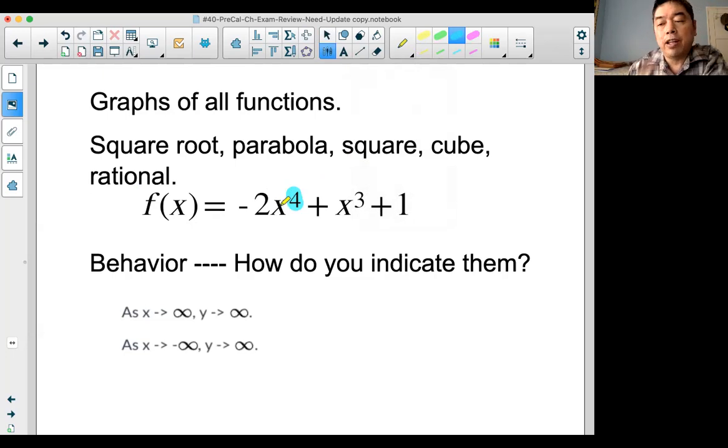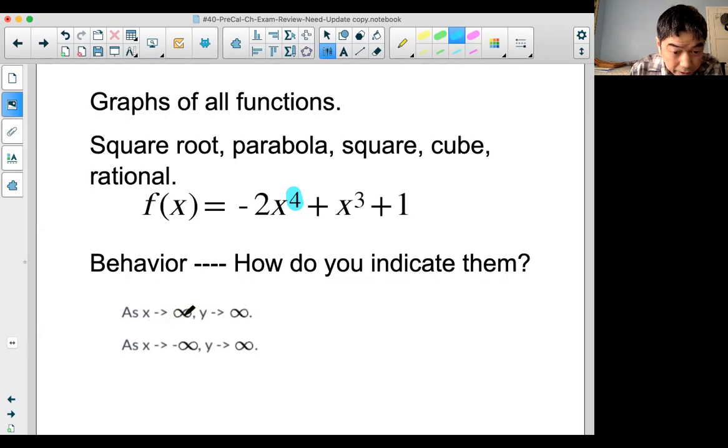So I use left and right and up and down, but this test shows when x is approaching infinity, y approaching infinity. So this is up, up, right?